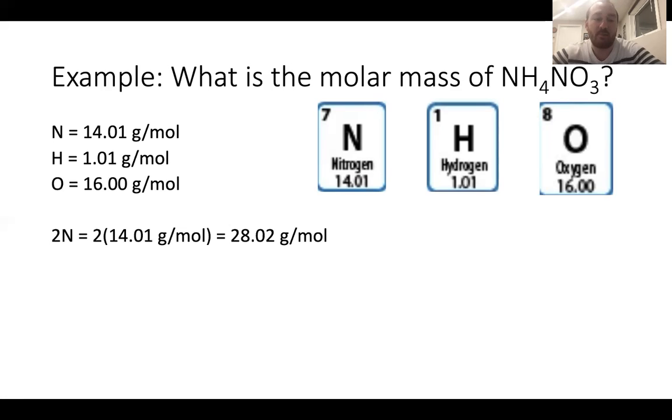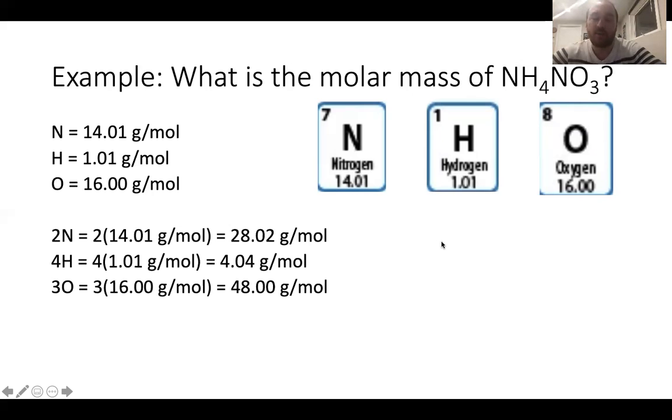Again, our next step is to multiply our molar mass by the number of atoms present in that compound. So we can see here that we have 2 nitrogens in this compound. So we need to multiply the molar mass from the periodic table by 2. For hydrogen, we have 4 hydrogen atoms in the compound, so we need to multiply its molar mass by 4.